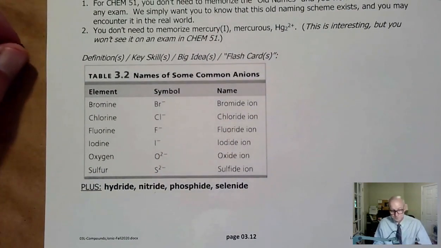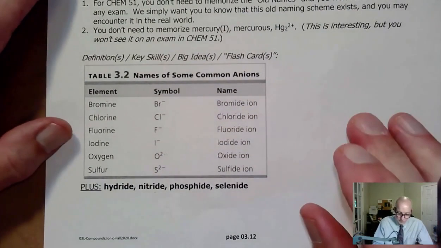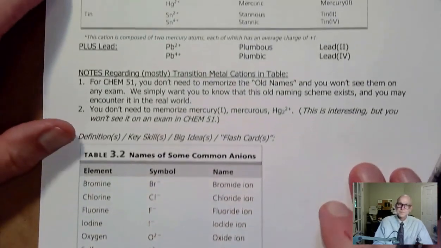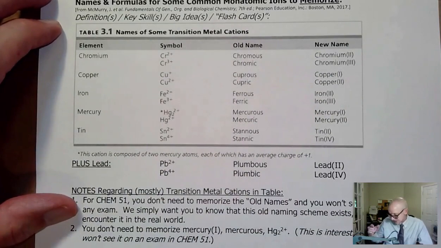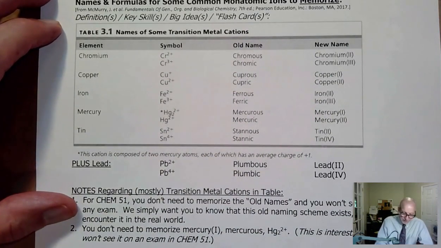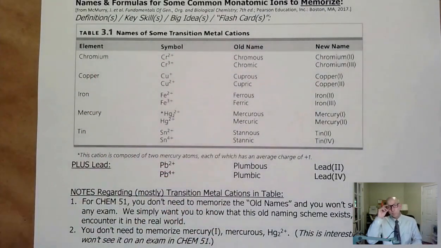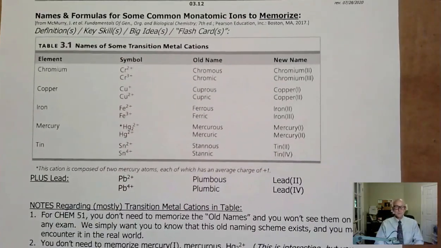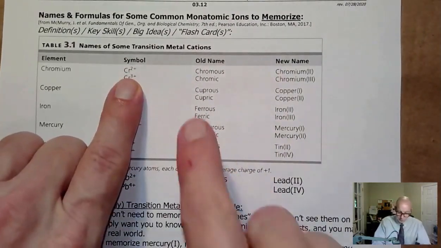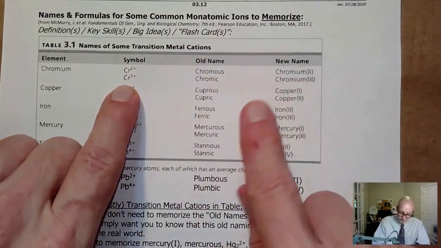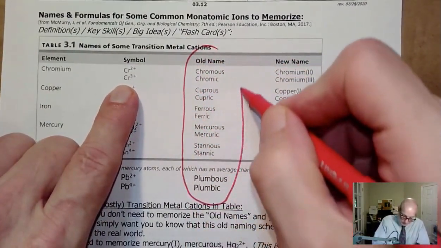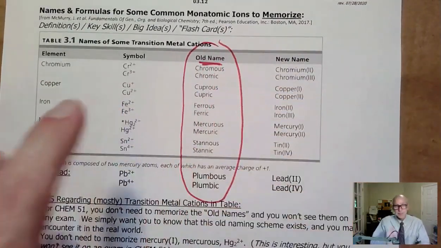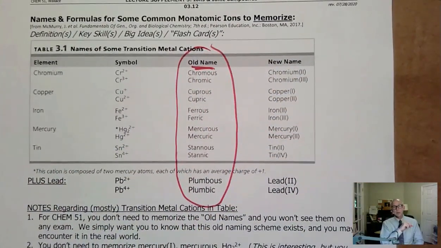There they are. Now, here's the bad news. Here's our 6 or 7 or 5 elements, metals, that have more than one possible charge. So chromium 2+ is chromium 2. Chromium 3+ is chromium 3. That sounds nice, but there's an old naming scheme that won't go away.